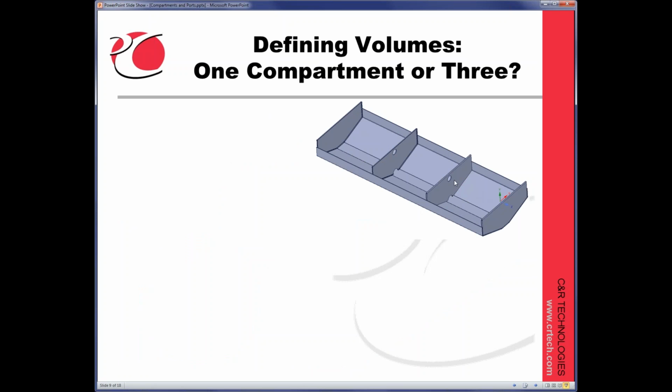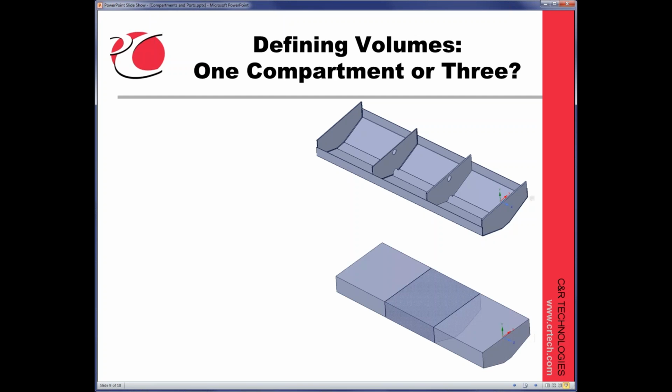If this had been a very minimal structure, you would have seen that, yeah, the fluid would have moved back and forth really quickly between those, and I can almost ignore that structure. But as those holes get smaller, it really is a more physical subdivision between the zones. And to illustrate this, let me look at the volumes associated with each one of these. I've made this volume transparent, this one highlighted, so that you can see there's 3 volumes corresponding to each one of these zones inside the tank.